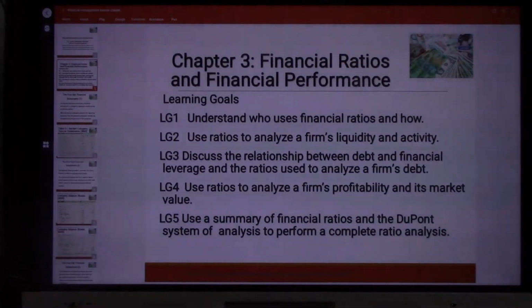Number 4, use ratios to analyze a firm's profitability and its market value. And finally, use a summary of financial ratios and the DuPont system of analysis to perform a complete ratio analysis.